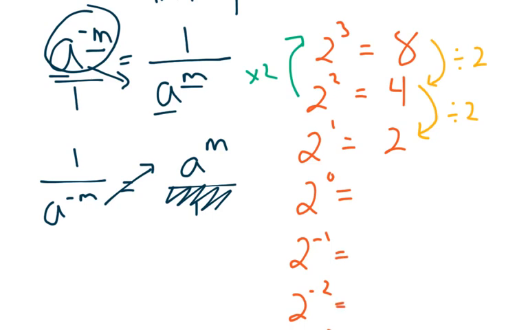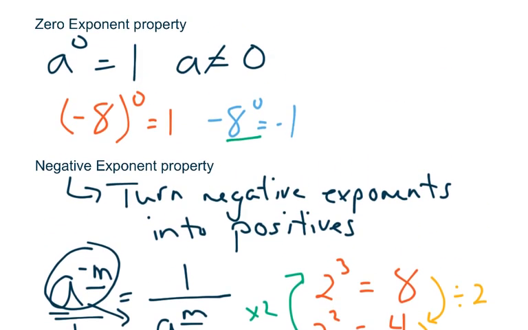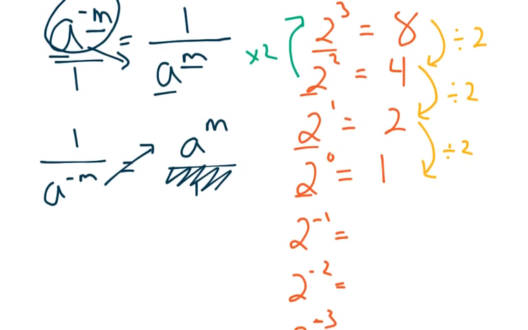If I go down another line, keep dividing by 2, 2 divided by 2 is 1. Well, that should make sense. The zero exponent property says any number to the 0 power is 1. You can pick any number for your base here. Once you get down to that base to the 0 power, you're always going to get back to 1.